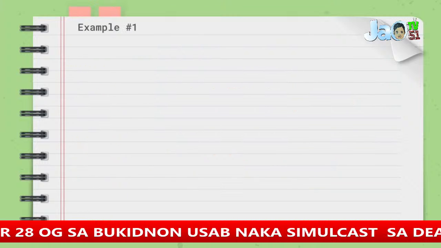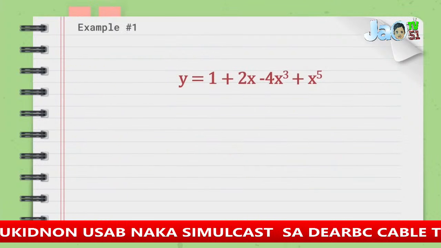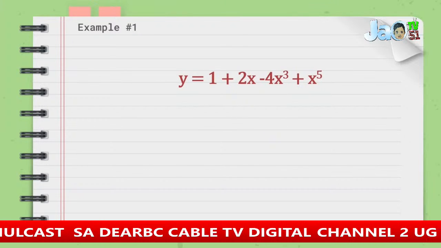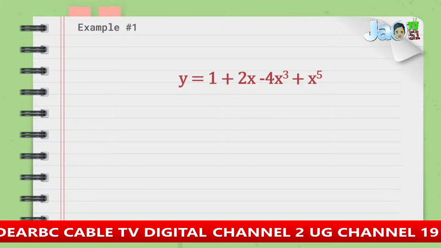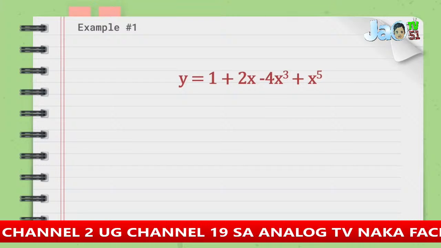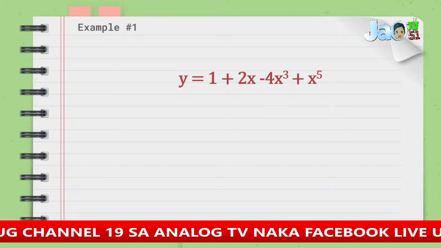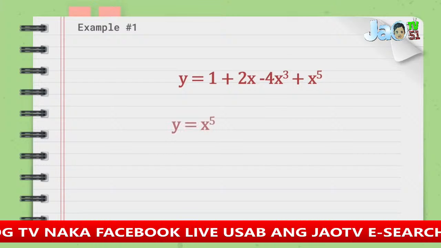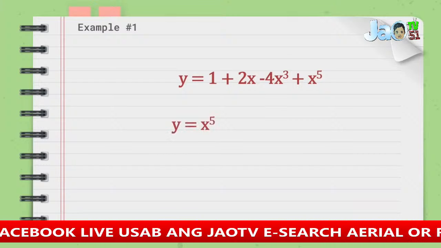Example: y equals 1 plus 2x minus 4x cubed plus x to the power of 5. To write this function in standard form, we will write the term with the highest exponent first, and that is x to the power of 5.